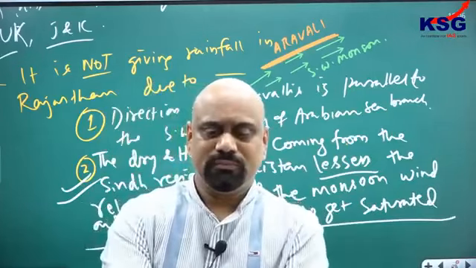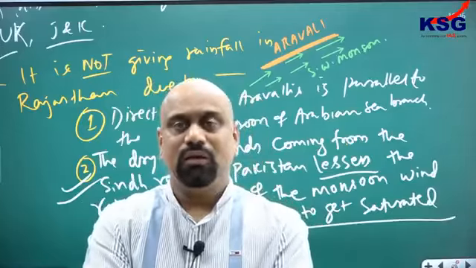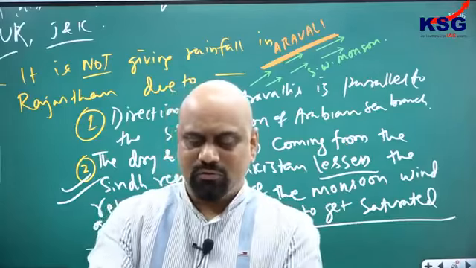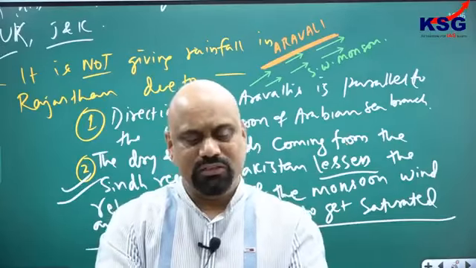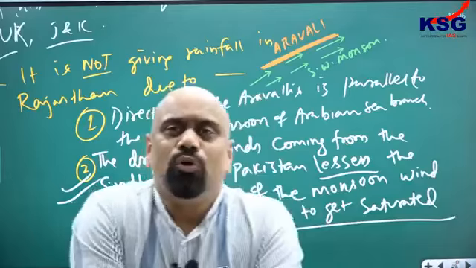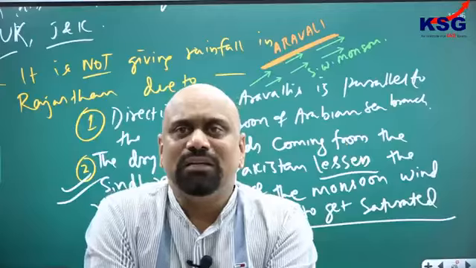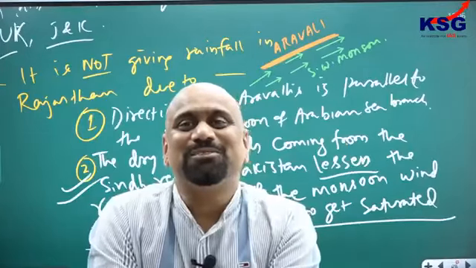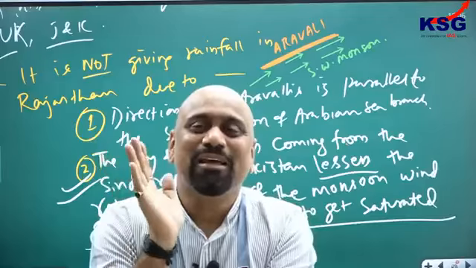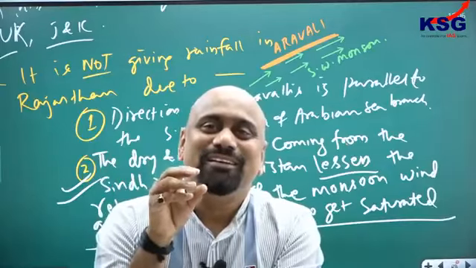So friends, these are the important things here. I said only about this season. Both the southwest monsoon branches, Bay of Bengal and Arabian Sea, meet in the northern plain.